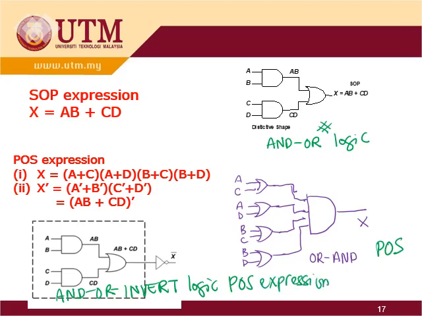Very easy. We just need to draw our SOP and then add invert. We get our AND OR invert logic. Because sometimes it's easier and we want to represent post using the AND OR distinctive shape by introducing invert. Post AND OR invert logic.